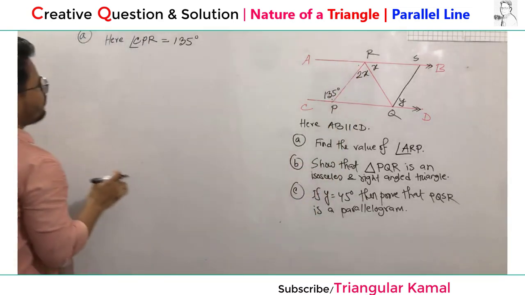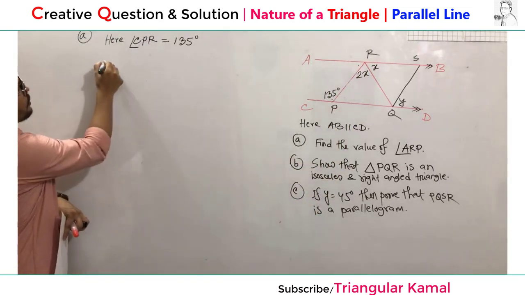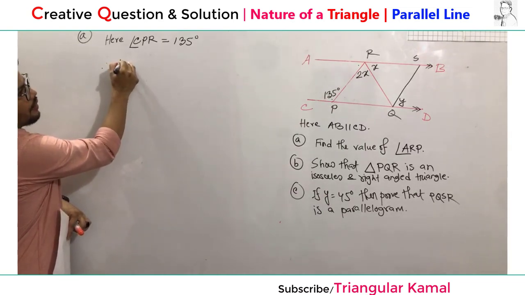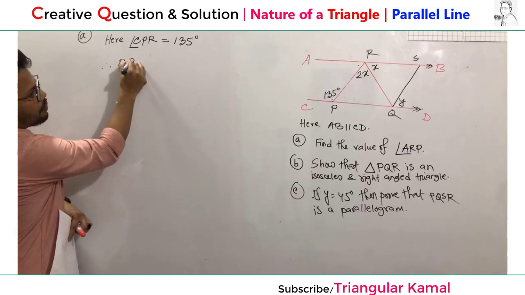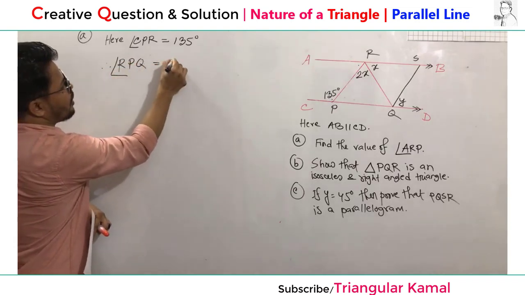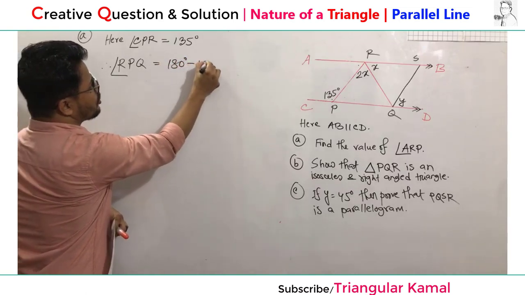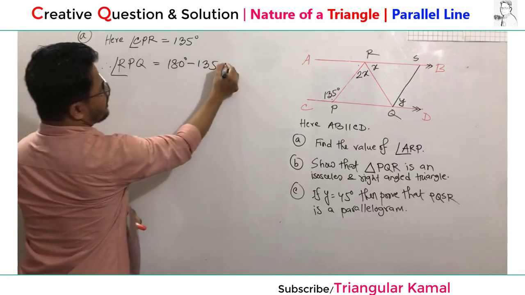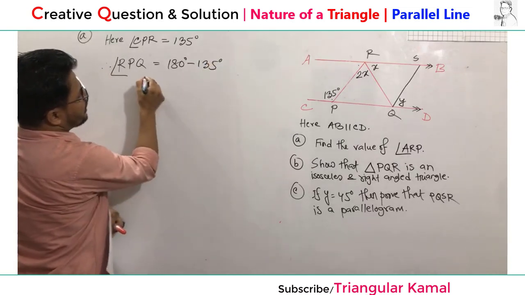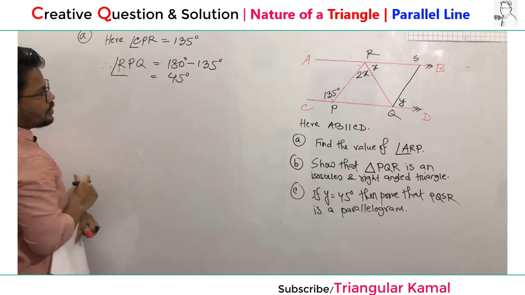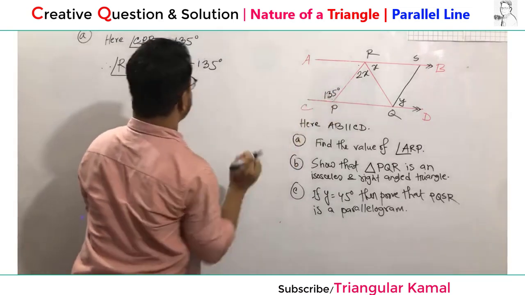So now RPQ angle equal 180 minus 135. That means this angle will be 45 degree angle. This one is 45 degree.